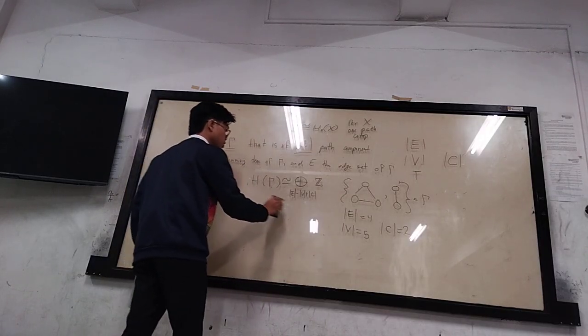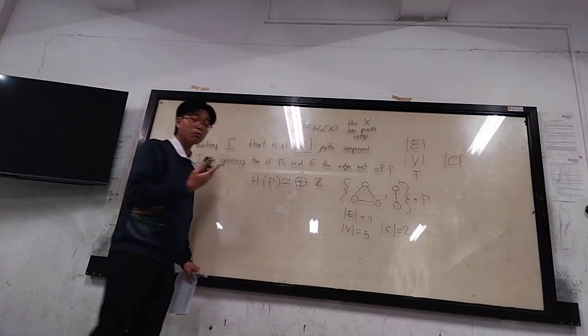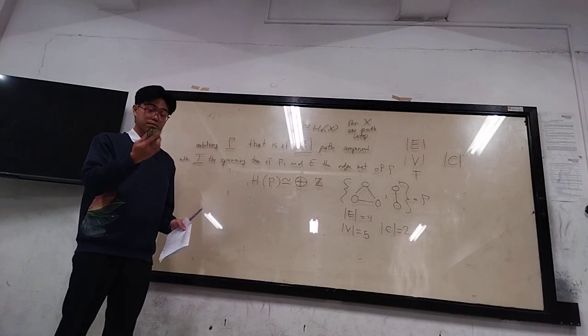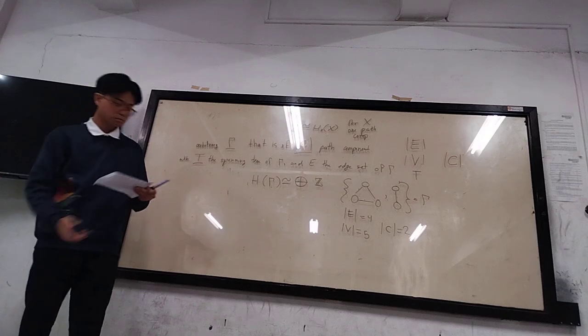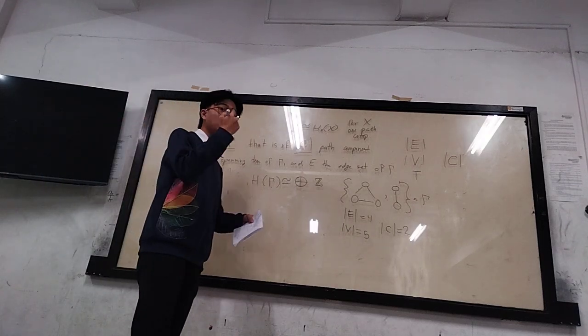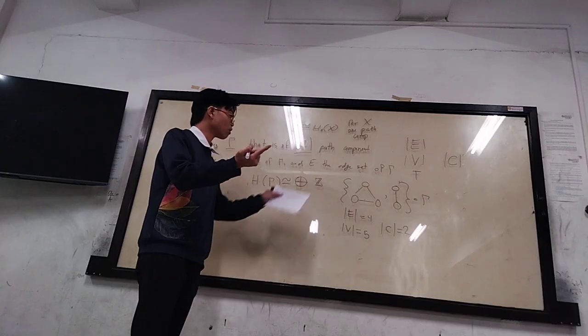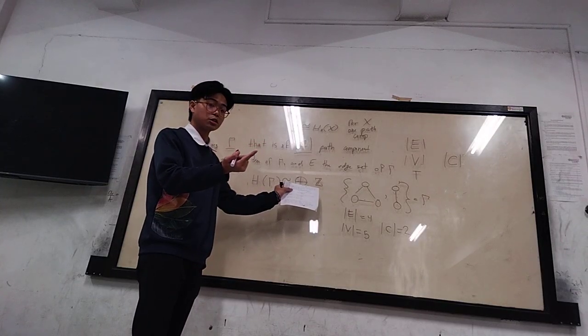So the zeroth homology group actually reflects how many path components you have inside your topological space, and I discussed that in homology theory. So the number of path components in your space is precisely the rank of my zeroth homology group.